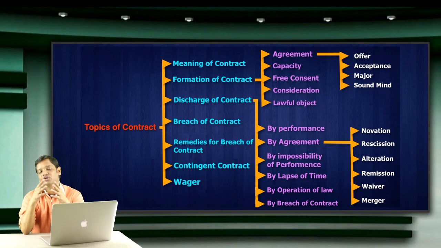Next one is by operation of law. What does it mean? Operation of law is when certain rules and regulations disallow certain things. Let us understand it with an example, which will be easier. Though I have explained it in detail, for revision purposes I am giving it briefly.